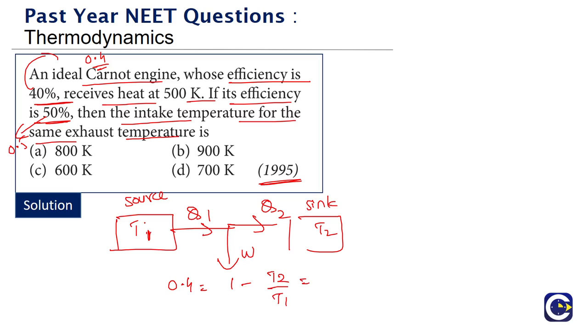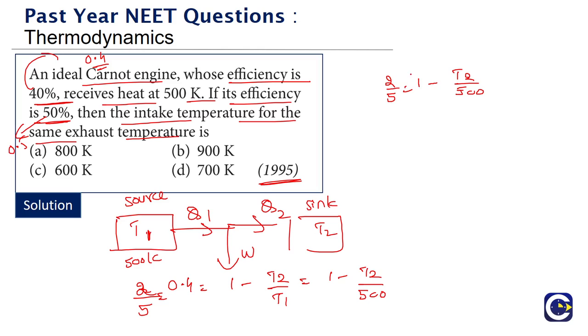Here the source temperature is given, which is 500 Kelvin. So 1 minus T2 by 500. Here the temperatures must be on the Kelvin scale. 0.4 can be written as 2 by 5. Now what we have is 2 by 5 is equal to 1 minus T2 by 500.